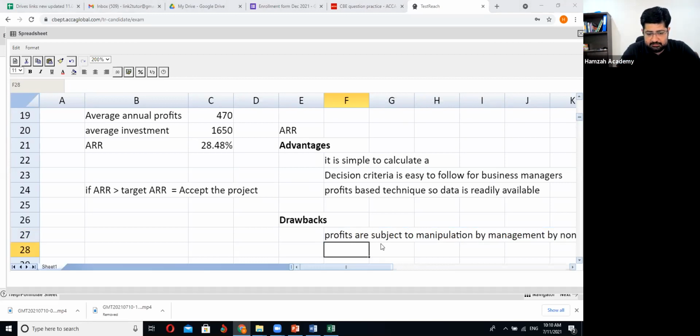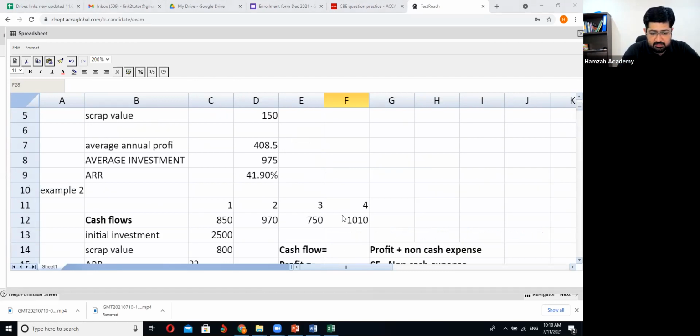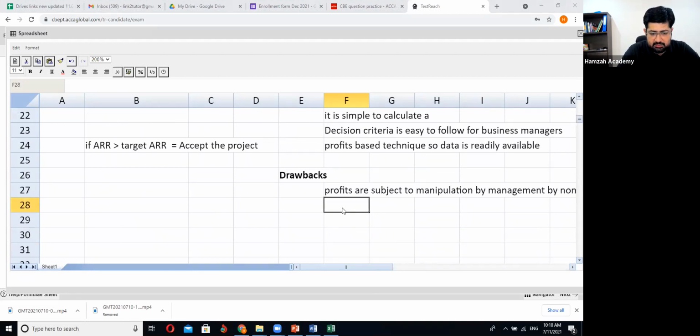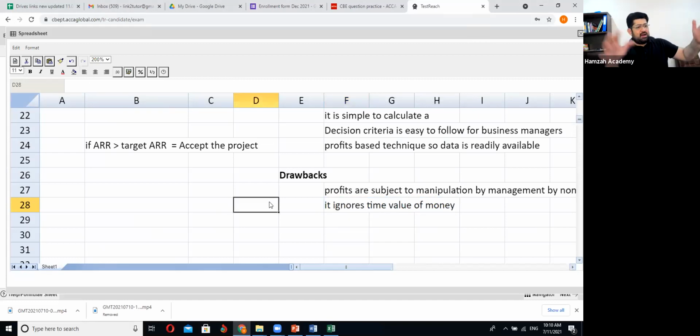Next point. It ignores the time value of money. We are calculating the average of all profits, which means tomorrow's $1 has the same value as today's, which is incorrect.